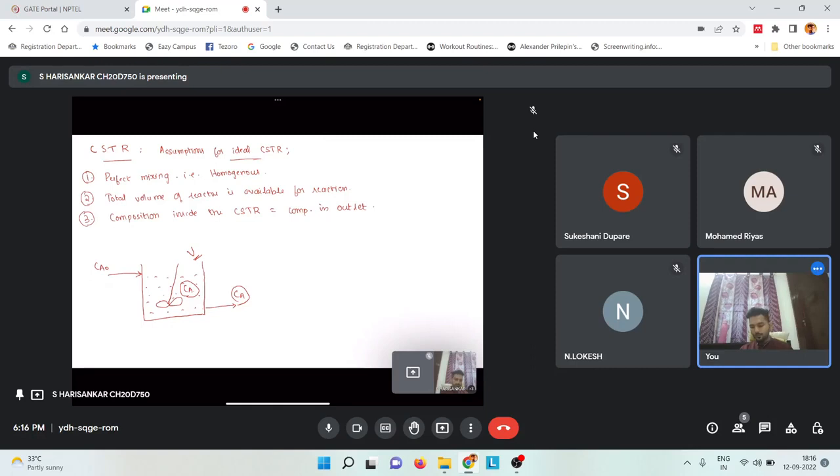So when we come to the design equation, we can start by writing the material balance: A in minus A out is equal to A reacted plus A accumulated.